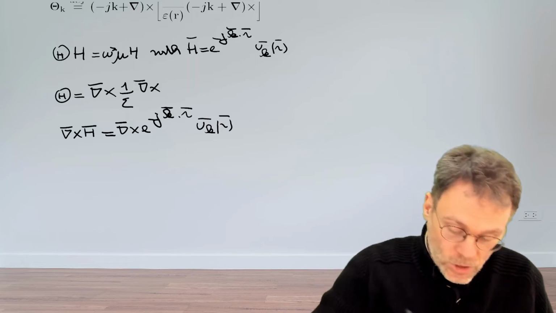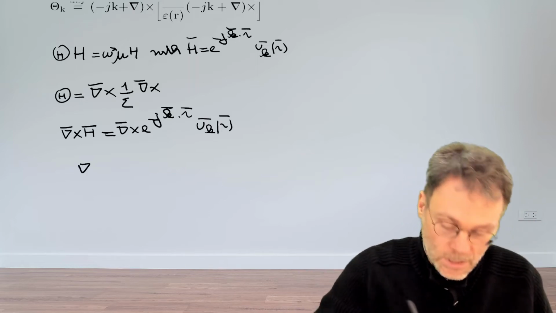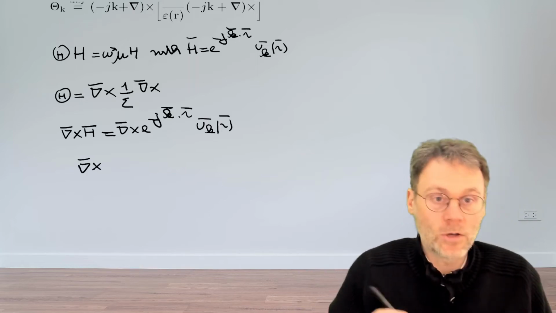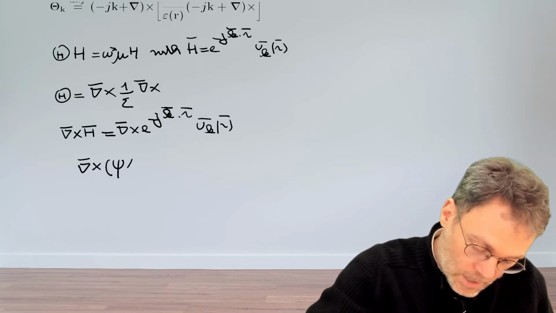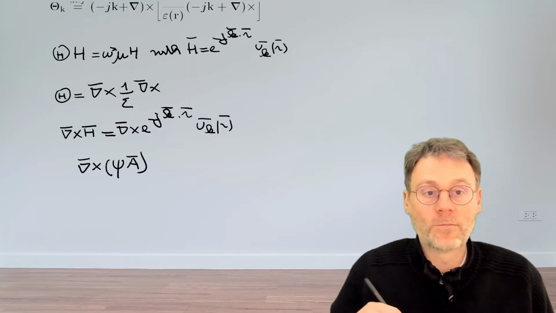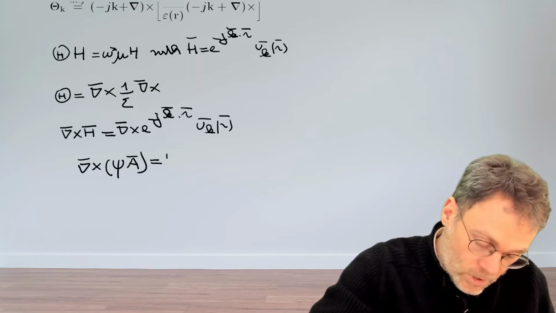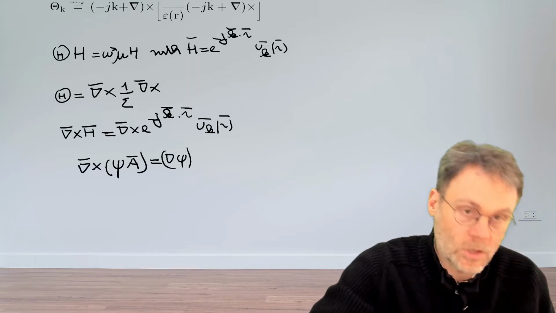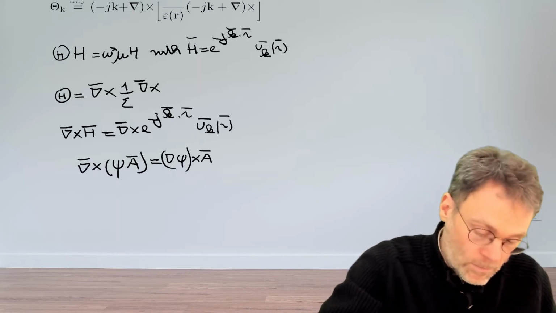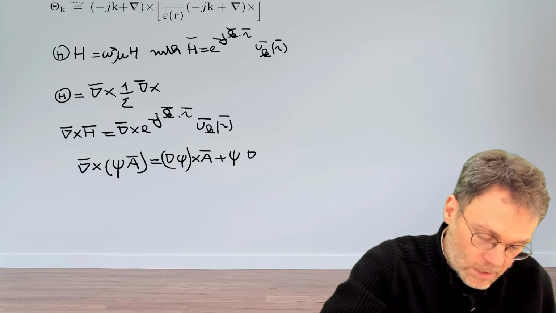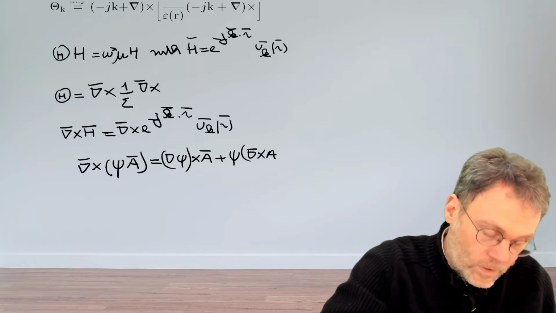The useful equation here from vector calculus is that if we have the curl of the product of a scalar field and a vector, so the curl of psi a, that actually becomes the gradient of psi cross a plus psi and then the curl of a.